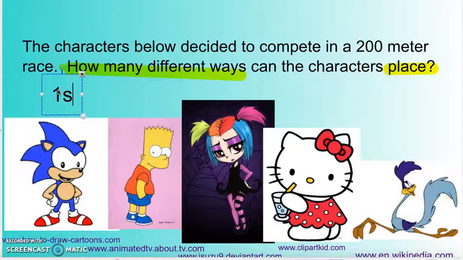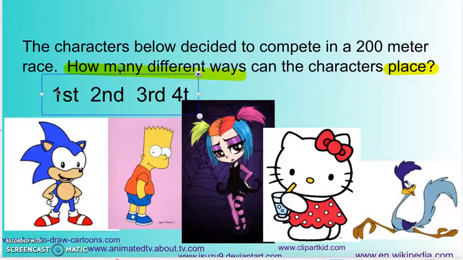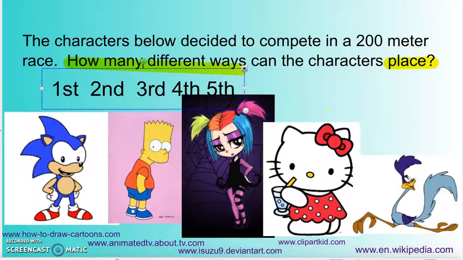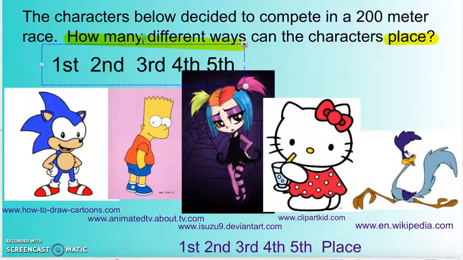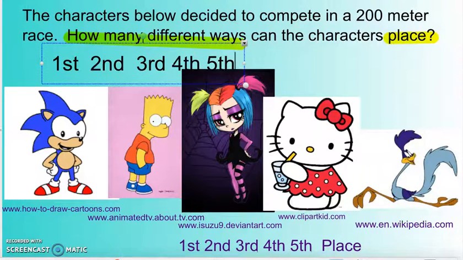Well, they can place in first place, then second place, third place, fourth place, and then lastly, fifth place. Okay, so if they can place in all those different places, now our question is how many different ways can the characters place?